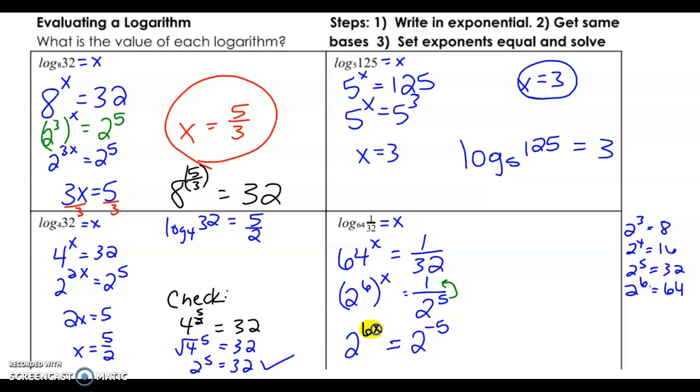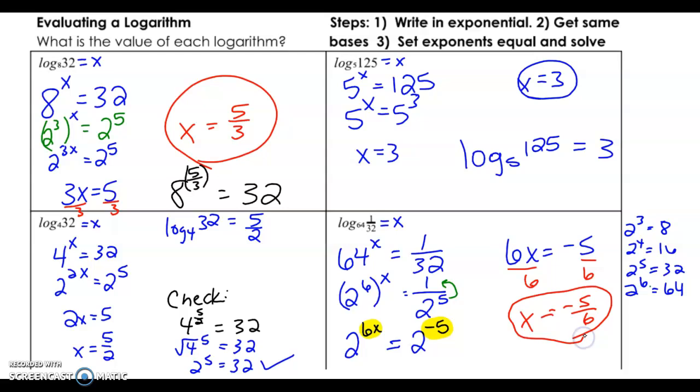From there, now that our bases are the same, we can just set those exponents equal. So we'll go 6x equals negative 5. Okay, so x equals negative 5 over 6.